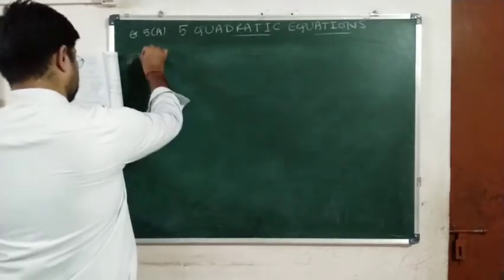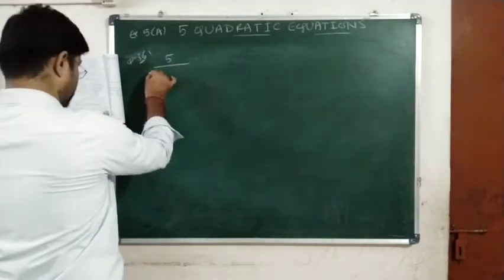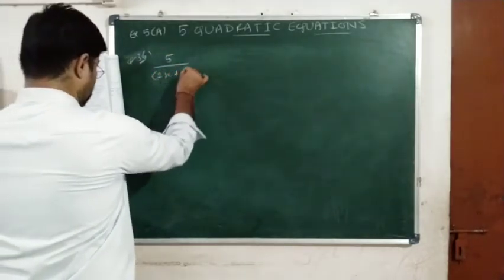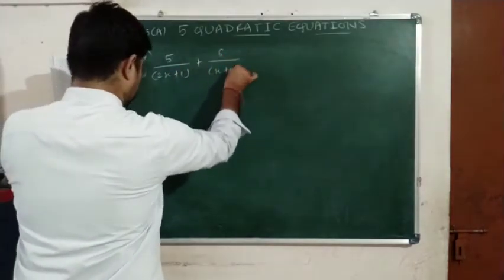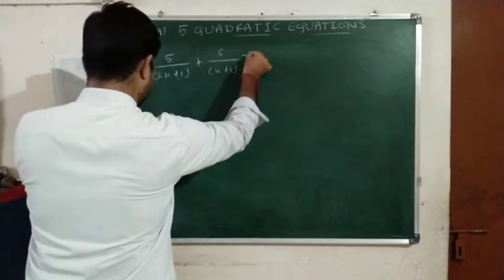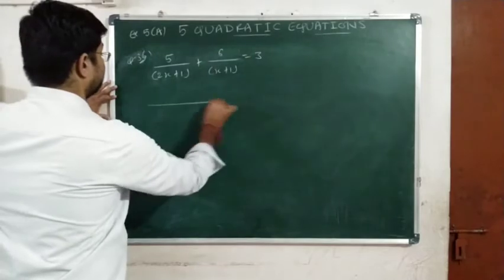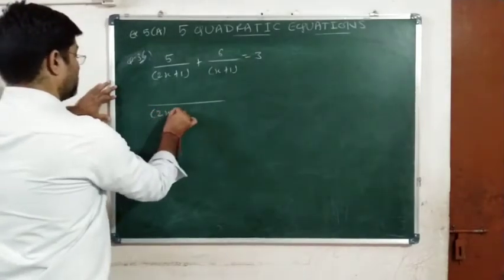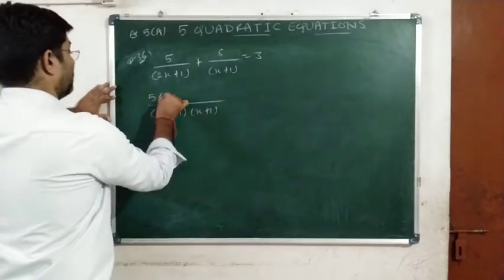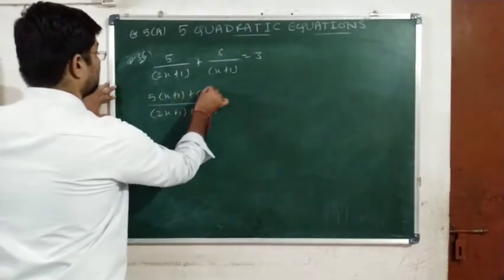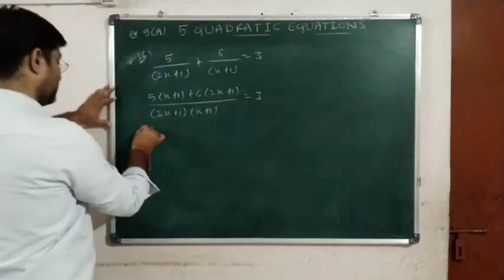So question number 36 I will solve. 5 upon 2x plus 1 plus 6 upon x plus 1 is equal to 3. Let us simplify this equation.